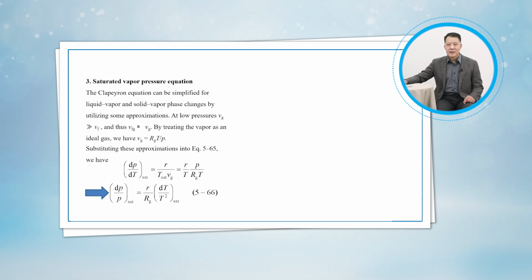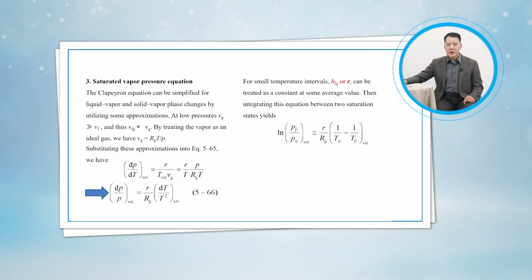566. For small temperature intervals, the enthalpy of vaporization can be treated as a constant at some average value. Then, integrating this equation between two saturation states yields the following.